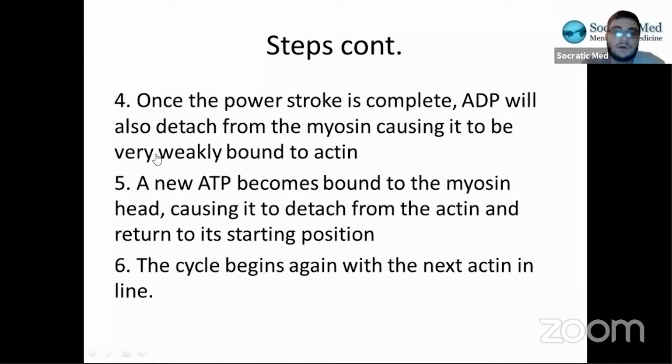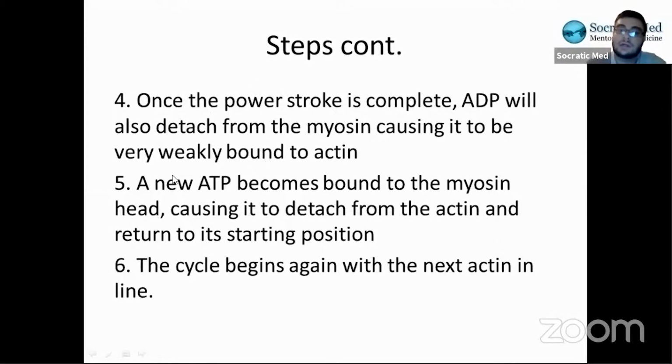And notice what ATP is needed for in the cycle, right? A new ATP becomes bound to the myosin. So when ATP binds to the myosin, it is used for the power stroke as well, and to energize, right?